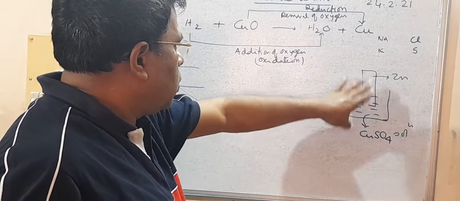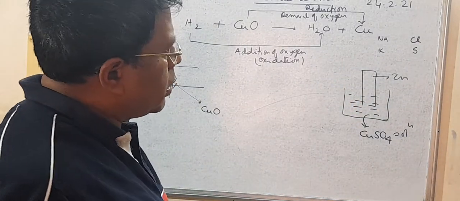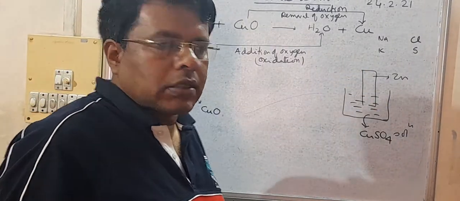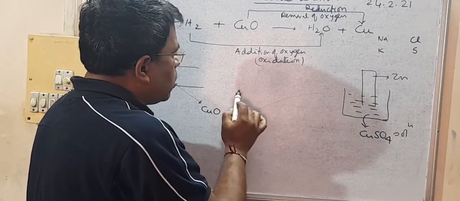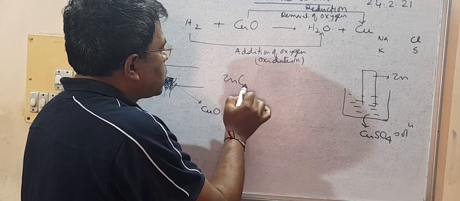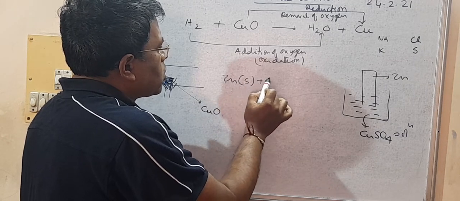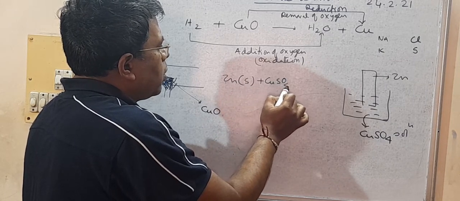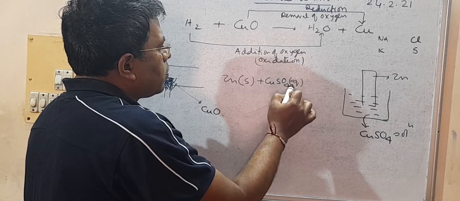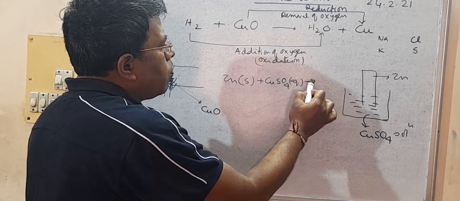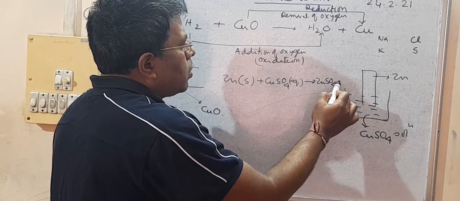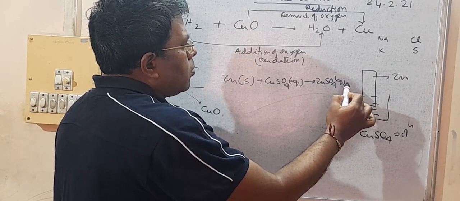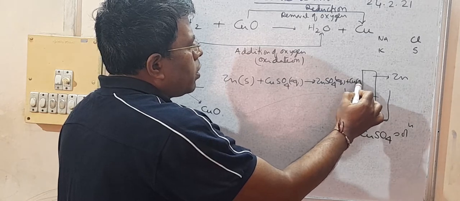So you know there will be a chemical reaction. This chemical reaction you have also studied in class 10. The chemical reaction that will take place is Zn solid plus copper sulfate aqueous gives zinc sulfate aqueous plus copper solid.